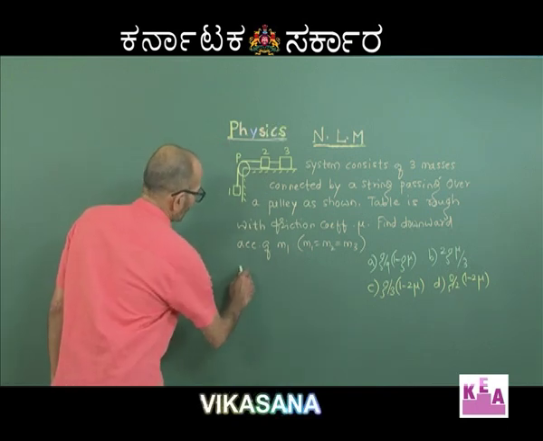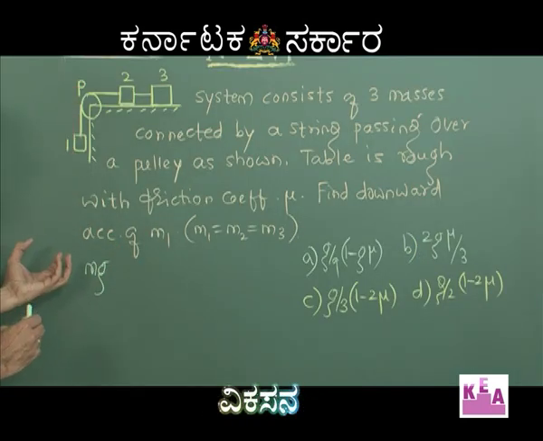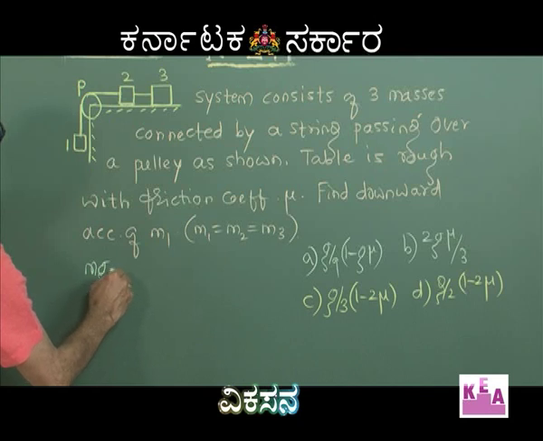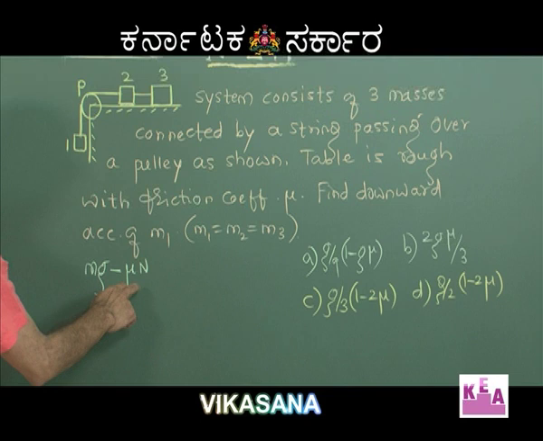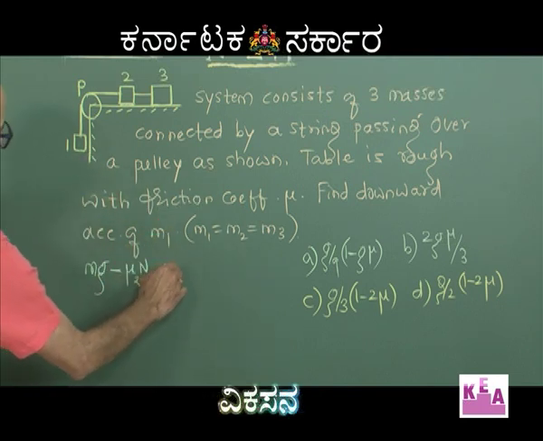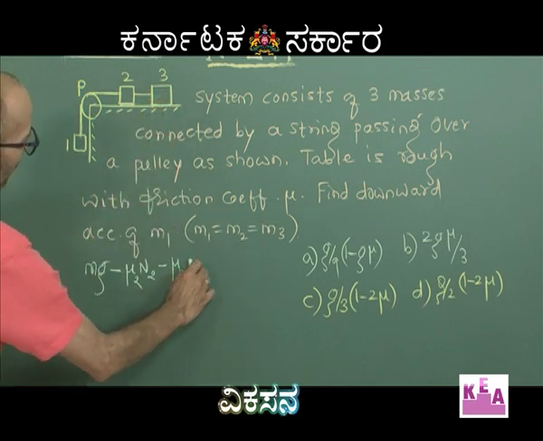So, I will write the net pulling force as m1 g, which is acting in the downward direction, minus the frictional force acting on 2, which is mu times N2, minus the frictional force on 3, which is mu times N3.